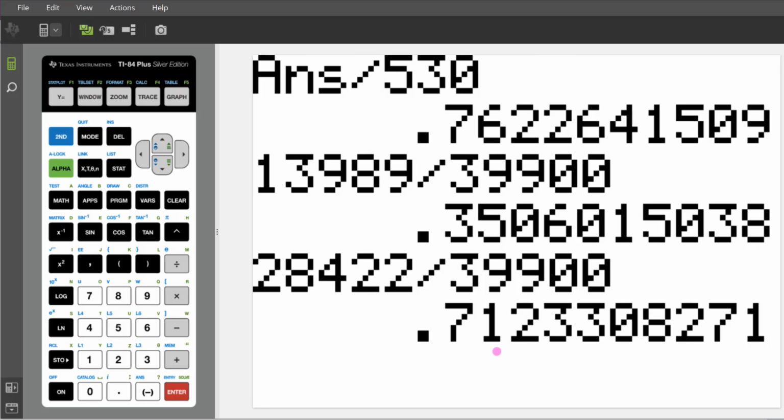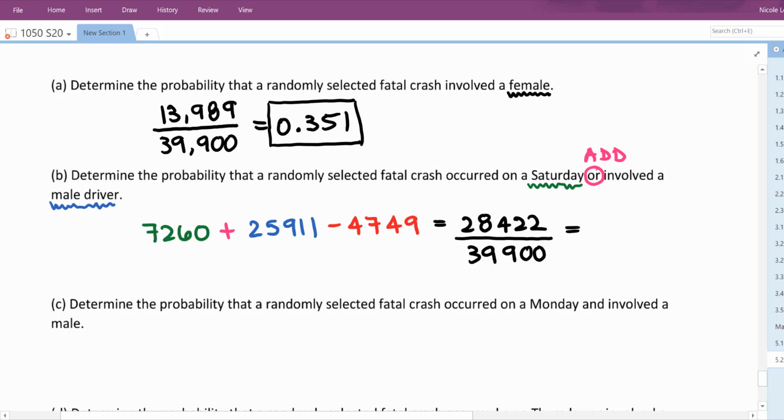Okay, and then rounding to the third decimal place, we would end up getting 0.712. So about 71% of fatal crashes happened on a Saturday or involved a male driver.